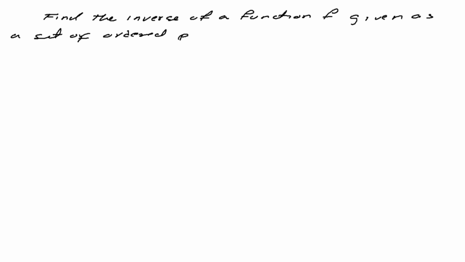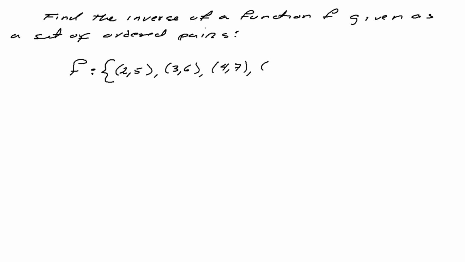So let's say that the function f is the function that contains the following ordered pairs: (2, 5), (3, 6), (4, 7), (5, 8), (6, 9).